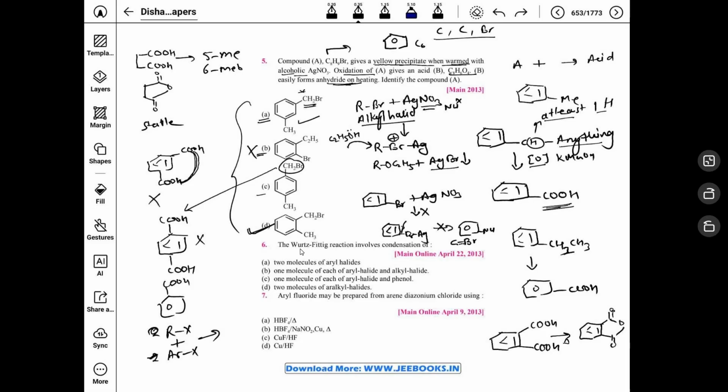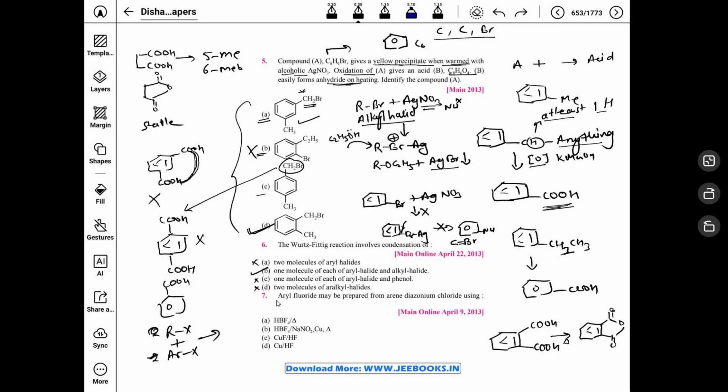So, which is the correct answer? 2 molecules of aryl halides? No. 1 molecule each of aryl halide and alkyl halide? Yes. 1 molecule each of aryl halide and phenol? No. 2 molecules of aryl halides? No. So the correct answer is B.